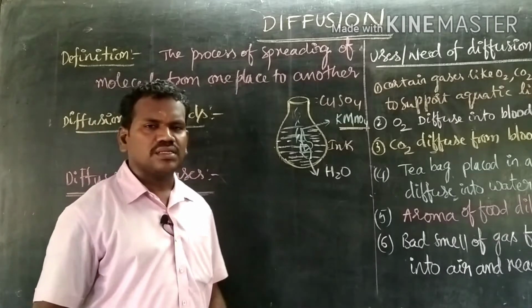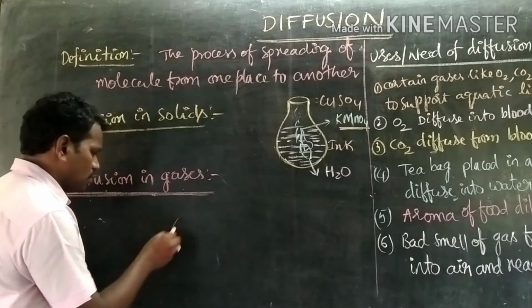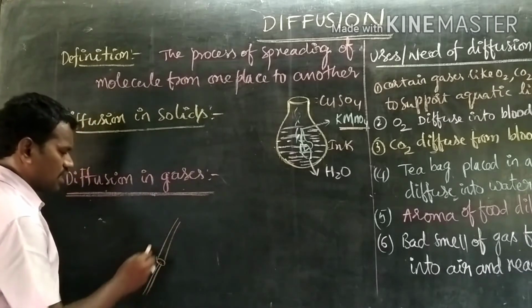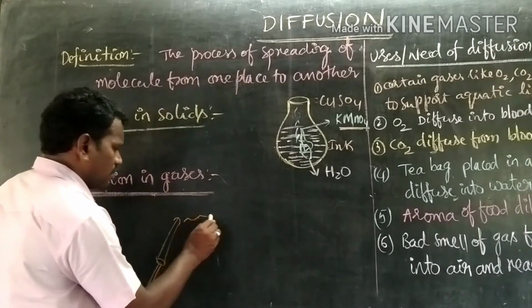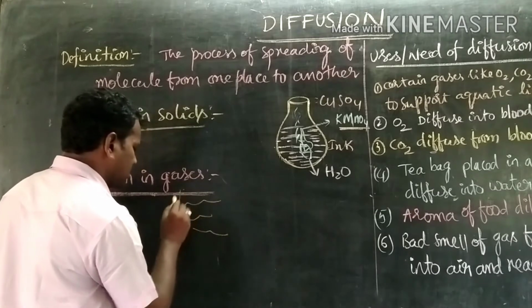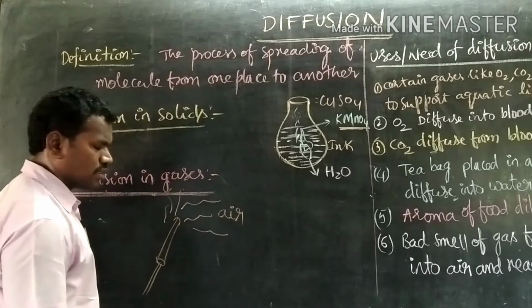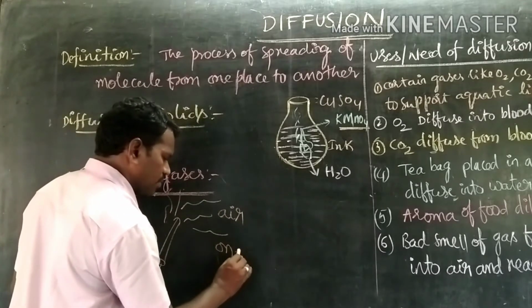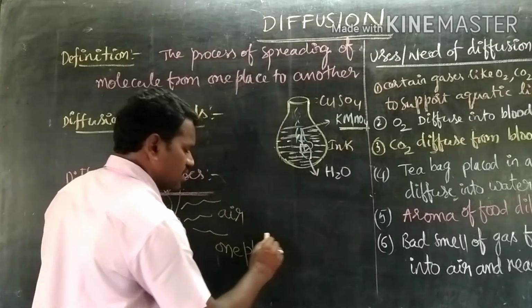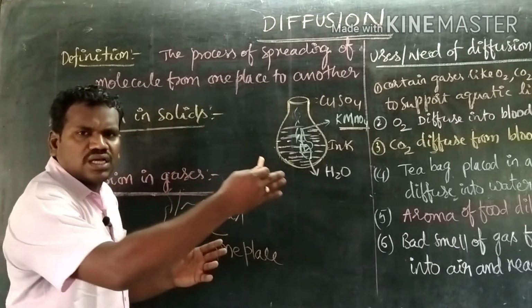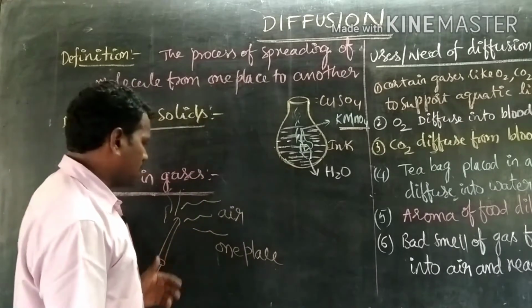How is this possible? If you observe, the fumes coming from the incense stick mix with the particles of air and spread from one place, that is one corner, to another corner. What does it mean?